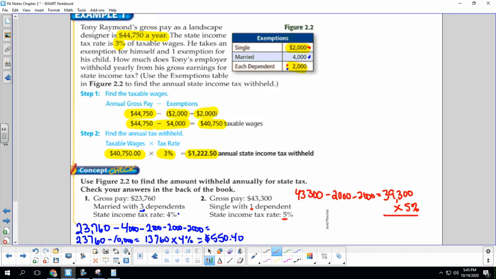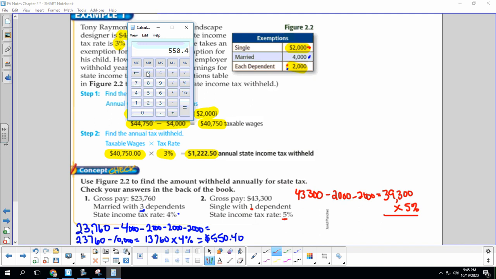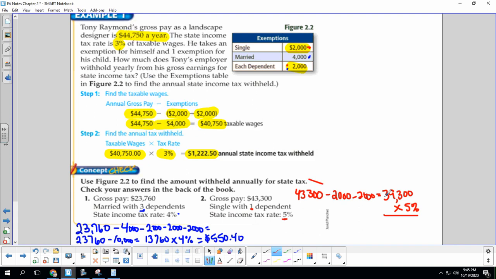Now that I know how my calculator works, we go 39,300 times 5%. 1,965 dollars is withheld per year for taxes. I'll circle that too. Boom.